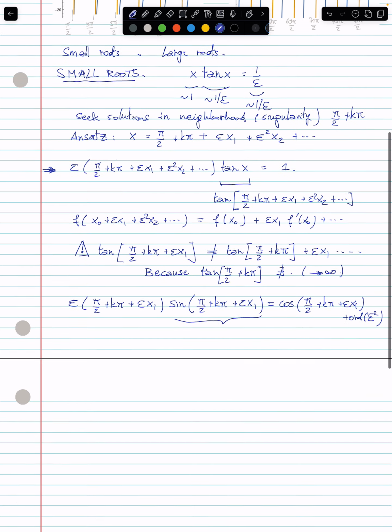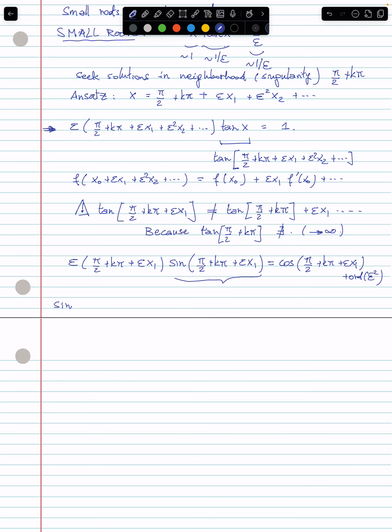If you just remember that sine of alpha plus beta is sine cos plus cos sine, and if you now consider that beta over here is a small number, we'll end up with sine of pi over 2 plus k pi multiplied by the cosine of epsilon x1 plus the cosine of pi over 2 plus k pi times the sine of epsilon x1.